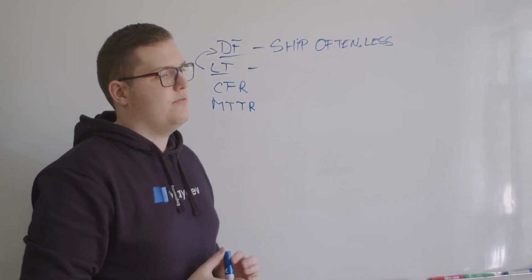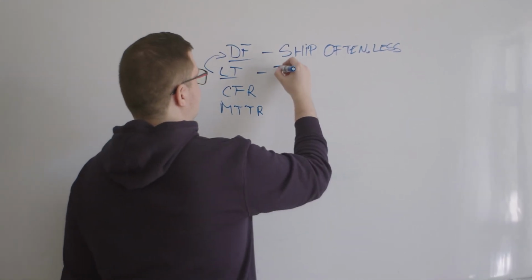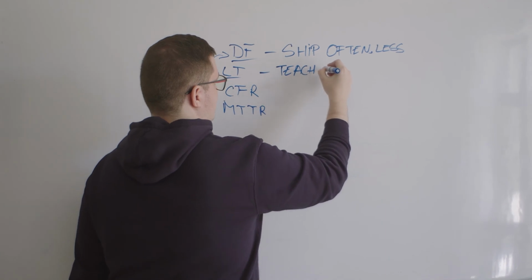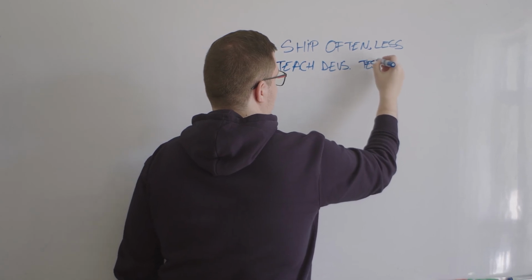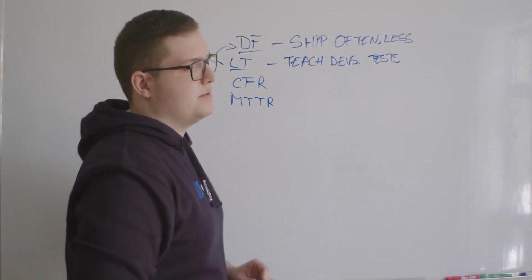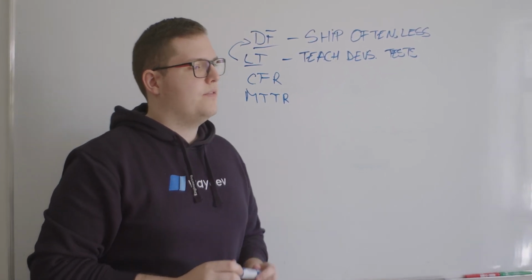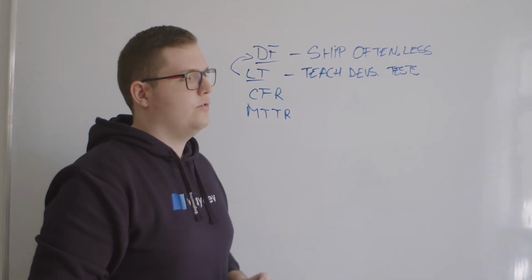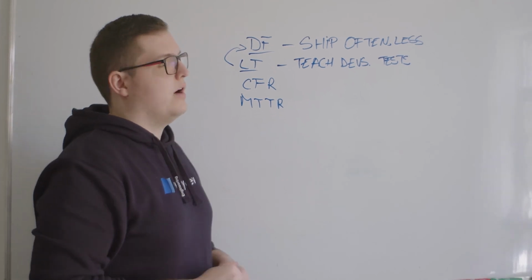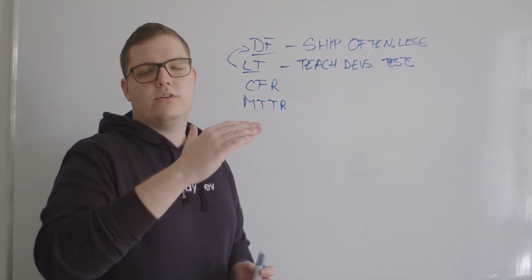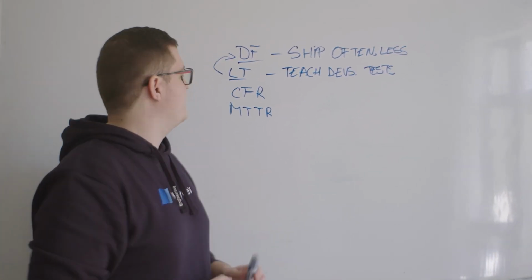So the healthy behavior for improving your lead time to changes is to actually teach your developers to do automated tests, because this will save you a lot of time. Not only do a lot of tools for creating automated tests exist right now, but you are basically cutting out the whole testing process, which, as I said, may save you a lot of weeks.